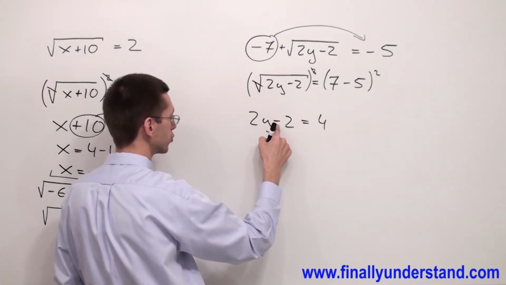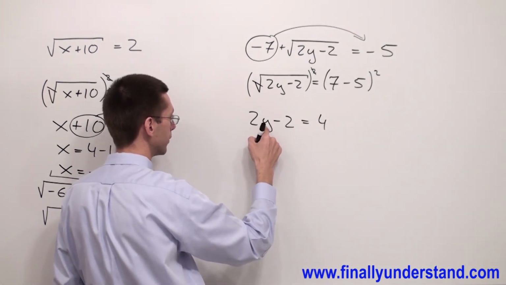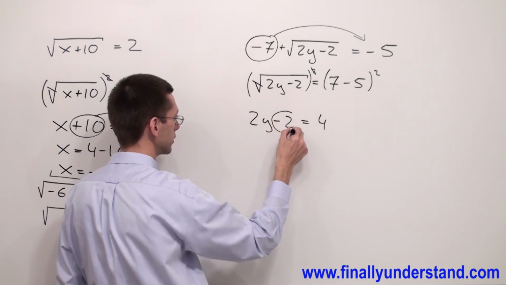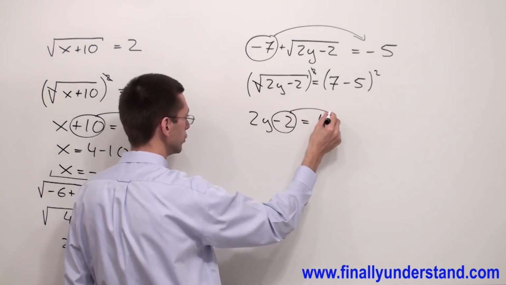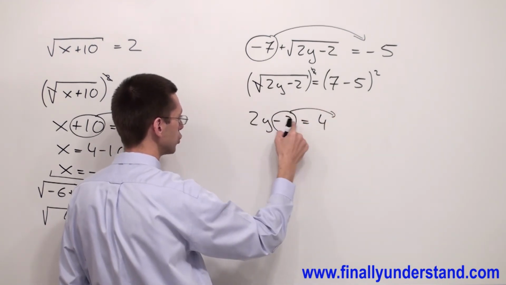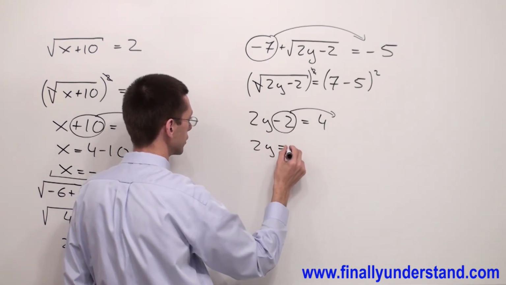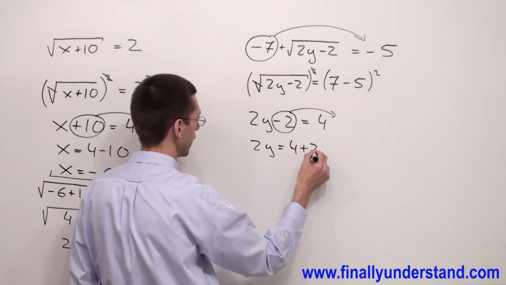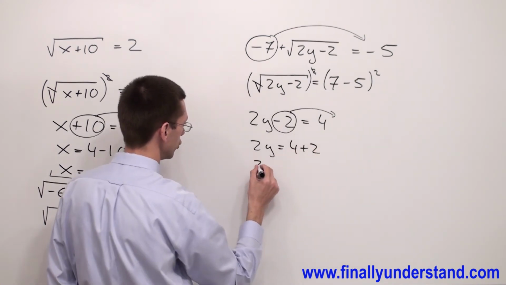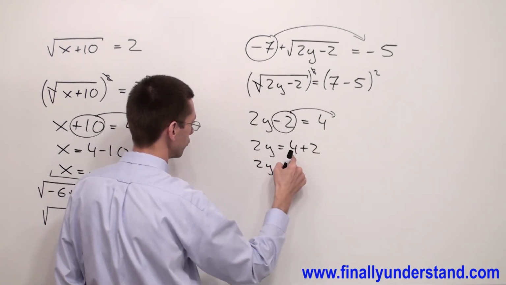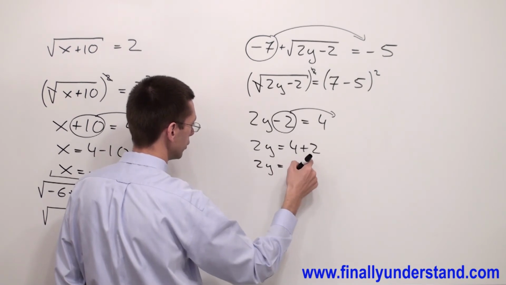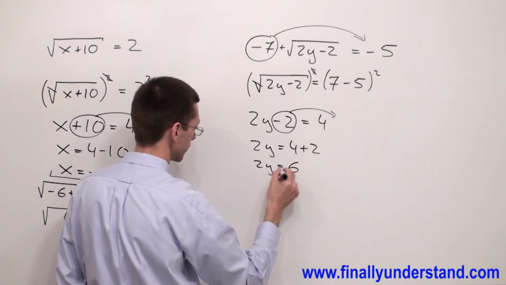Again, I have subtraction. I'm looking for y. That's why I'm going to take this negative 2 and move it to the other side. Remember, the sign is going to change. So I have 2y equals 4 plus 2, which is equal to 6.